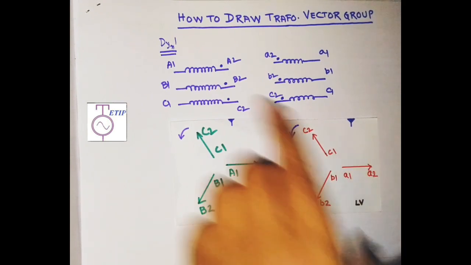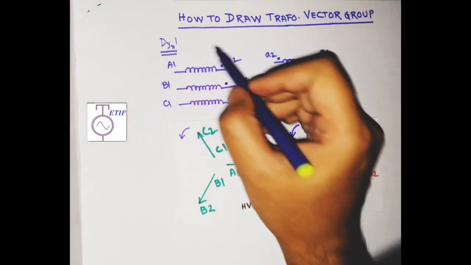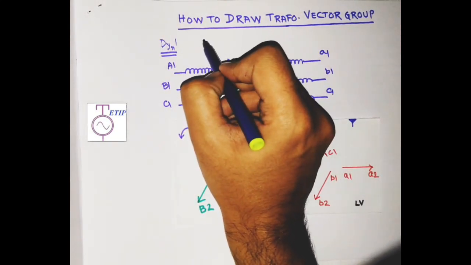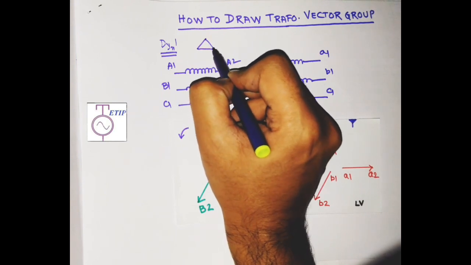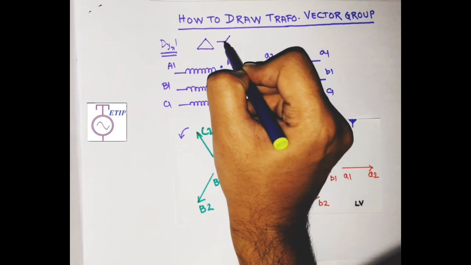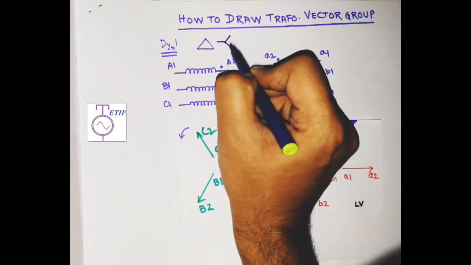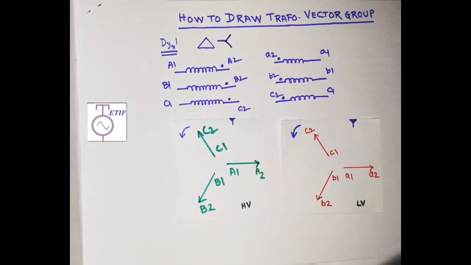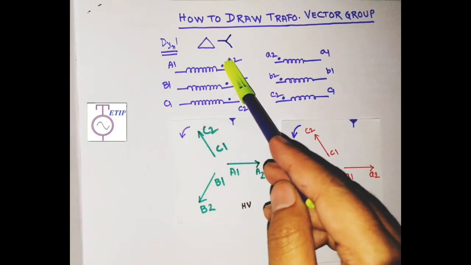When you draw the vector diagram, you first simplify it. dyn1 means the vector diagram will look like this. This is delta and this is star. So always remember that the vector group is determined by its high voltage winding.